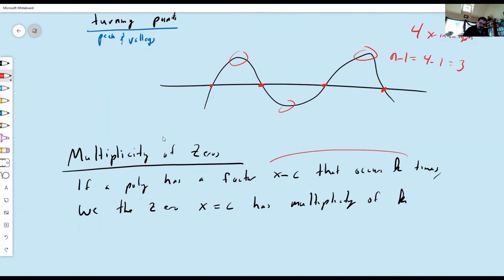All that really says is you have x minus c to the k power, if you want to reduce that down.